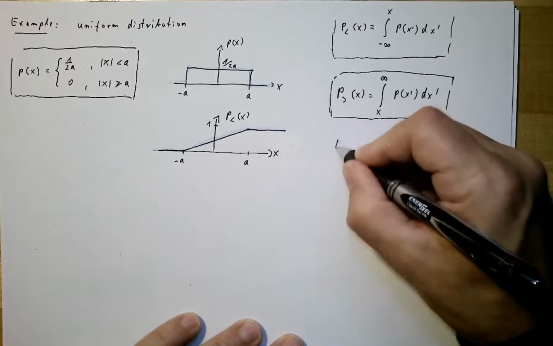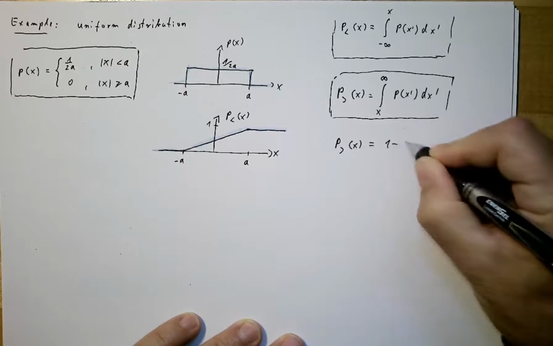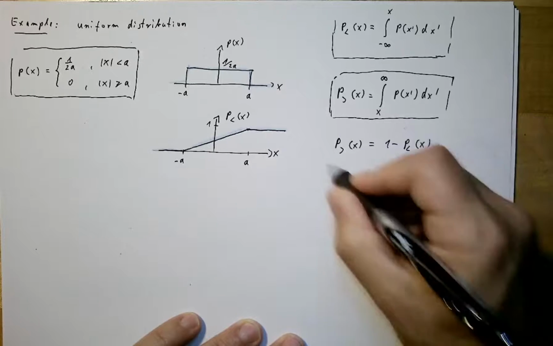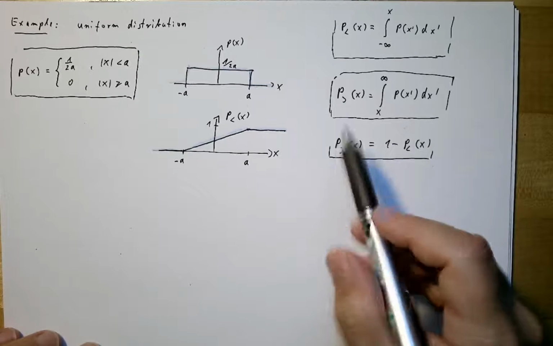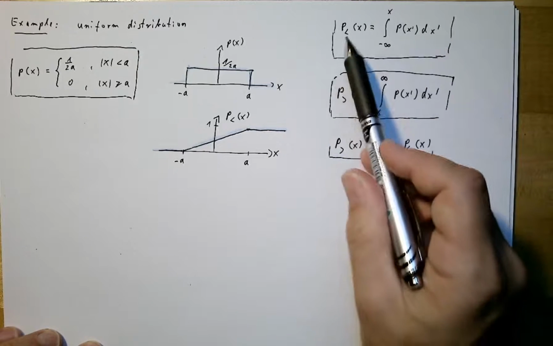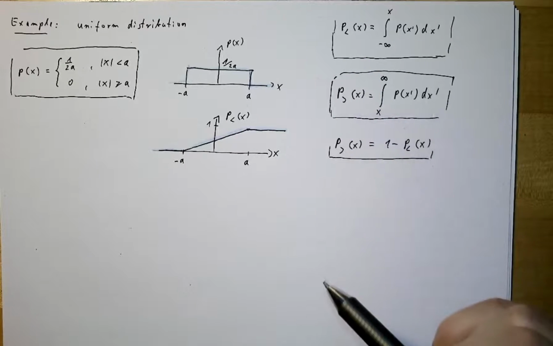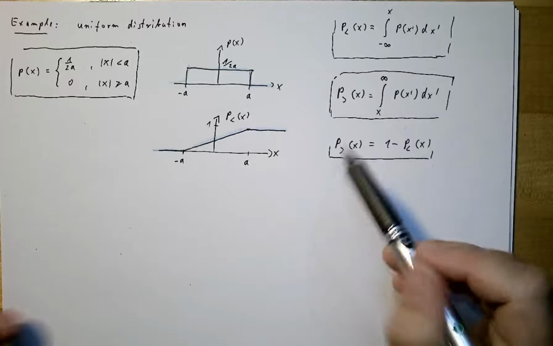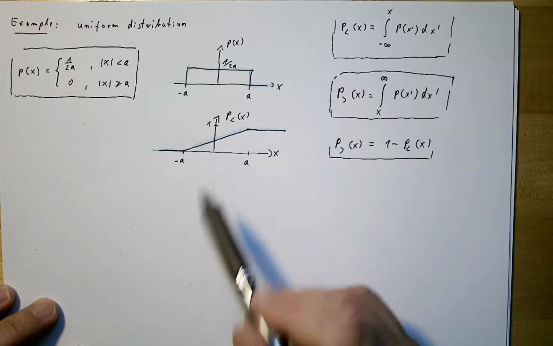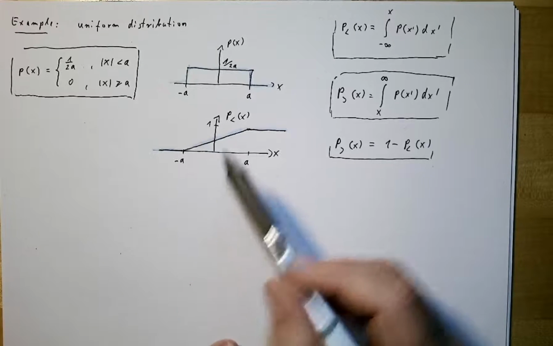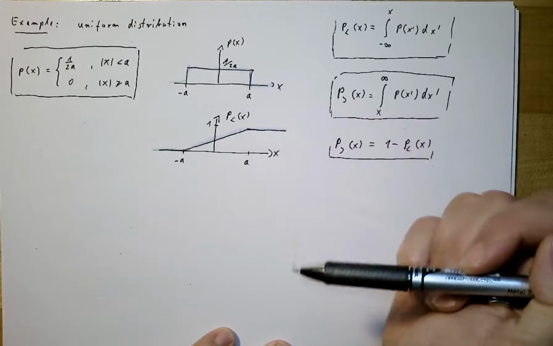So this means that P larger of x equals 1 minus P smaller of x. So it doesn't matter which we take as the CDF, but one could also have taken the other one. And this would then be a function which is just decreasing, decaying linearly. So we have two different possibilities to visualize the distribution.